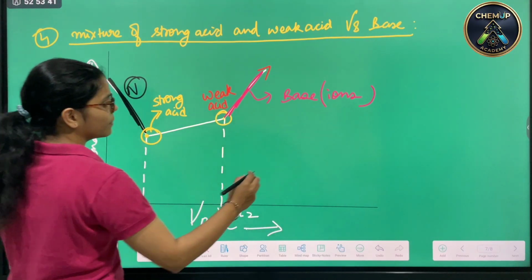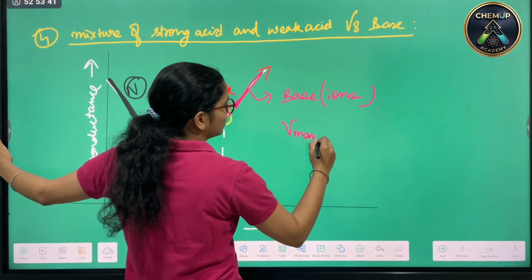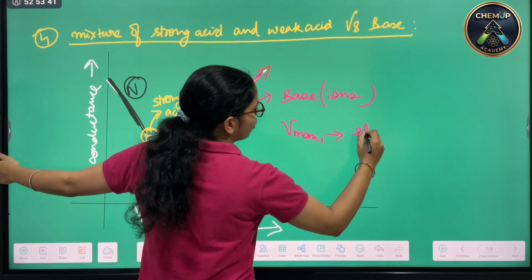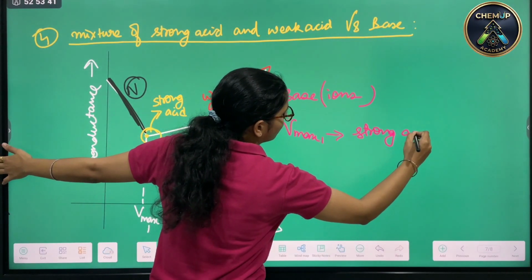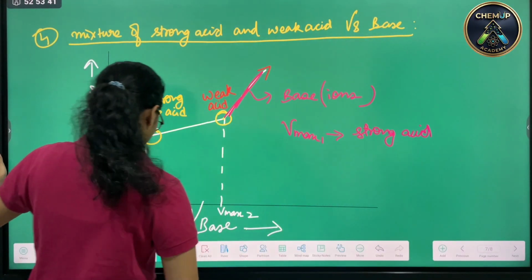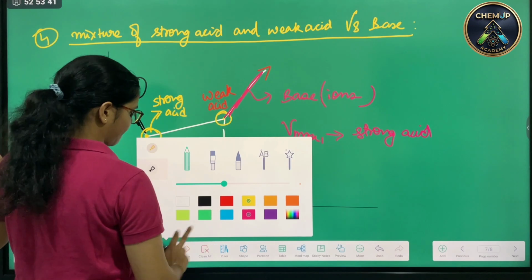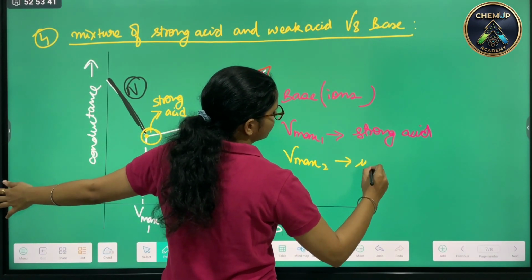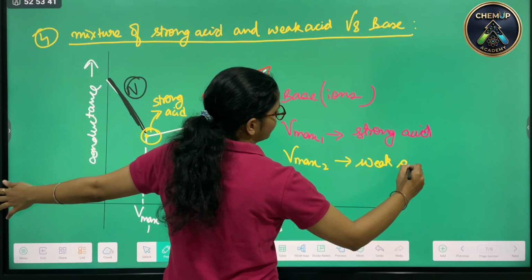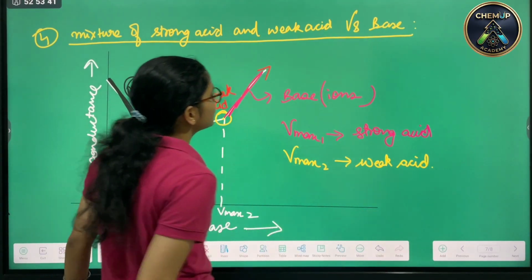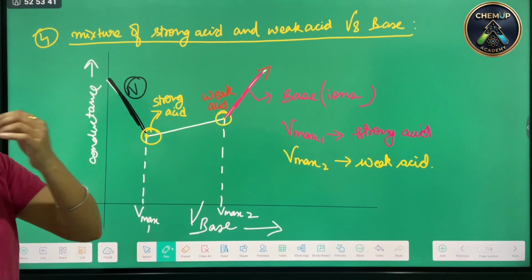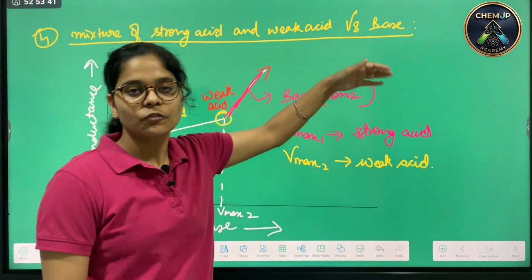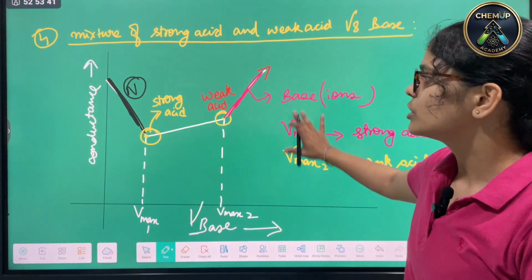Always remember, Vmax 1 shall always be for strong acid and Vmax 2 shall always be for weak acid. So this is how you can solve a mixture of strong acid and weak acid versus base.